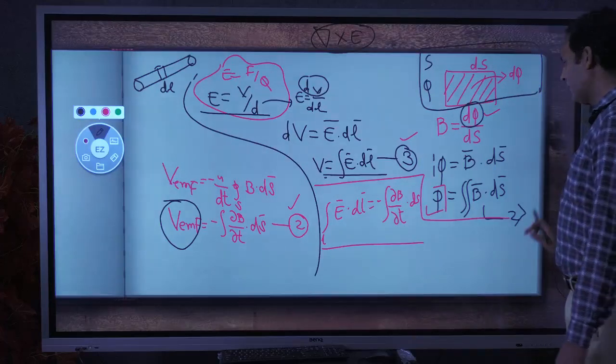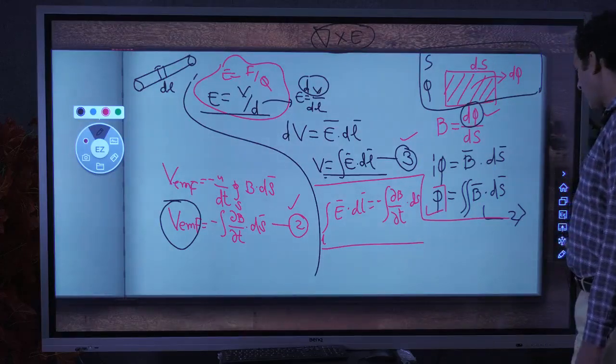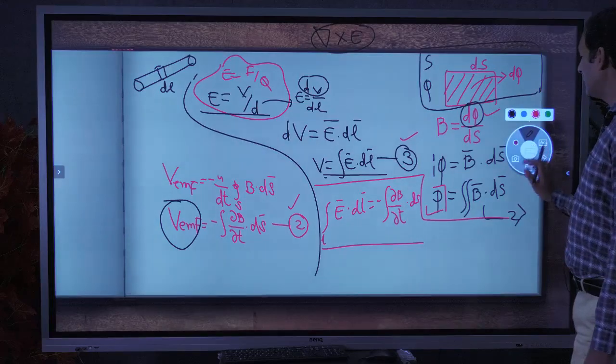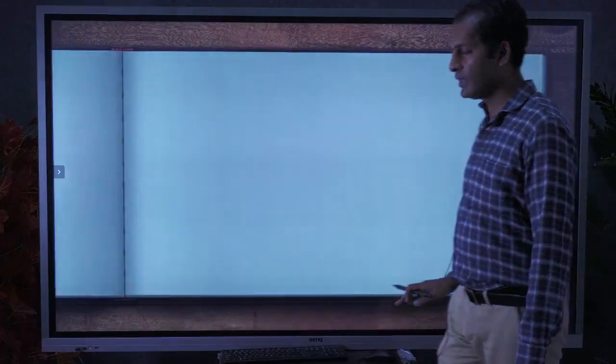So what we will do, we will use Stokes theorem. What is the function of Stokes theorem? Stokes theorem is used to convert line integral into surface integral. So here we will write what is our last expression.